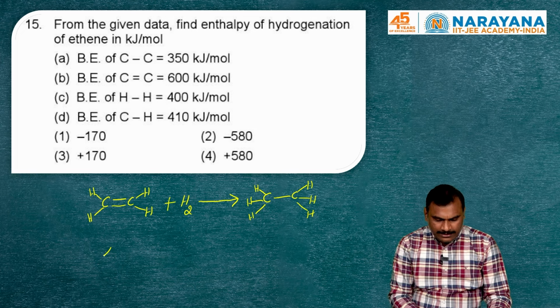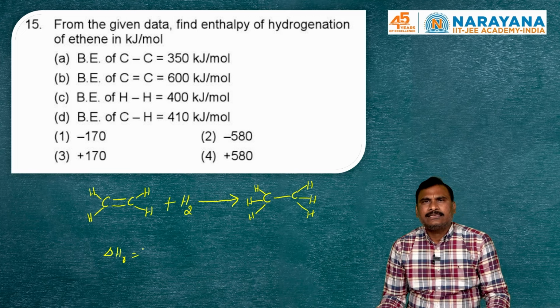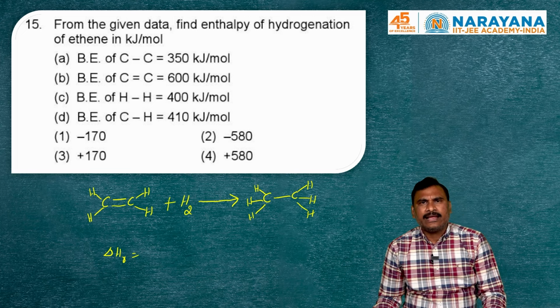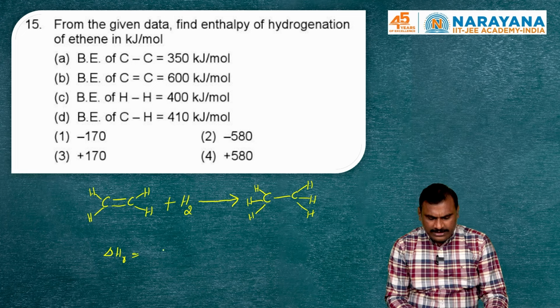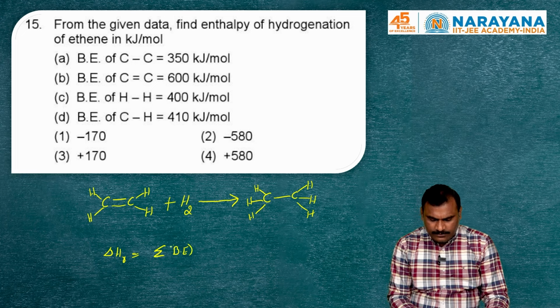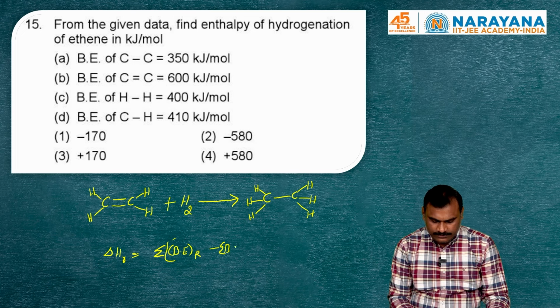Therefore, enthalpy of reaction, this energy released is called enthalpy of reaction. According to that, it is the sum of bond energy of reactants minus bond energy of products.